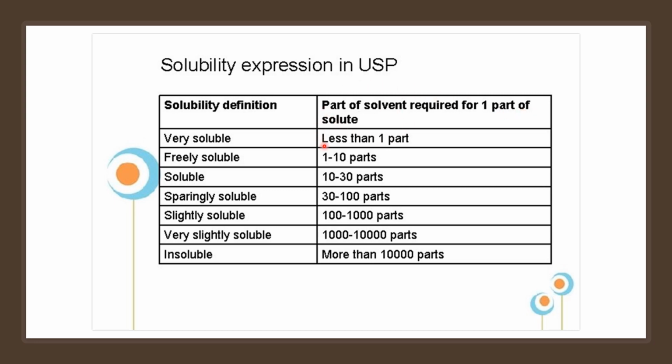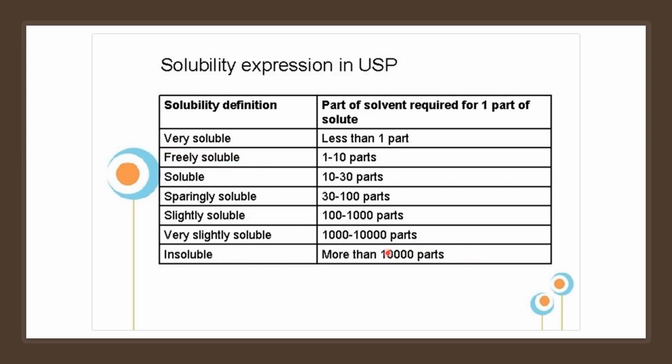For example, when less than 1 part of a solvent is required to dissolve 1 part of the solute, that particular compound is said to be very soluble. When about 1 to 10 parts of a solvent is needed in order to dissolve 1 part of a solute, that particular compound is said to be freely soluble.